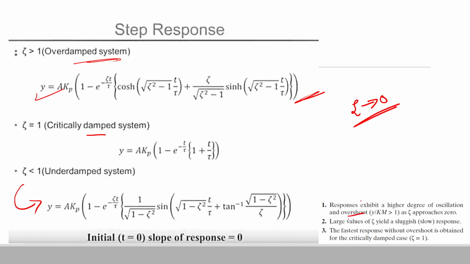Then larger values of zeta will yield a sluggish response, that is, there will be a delay, so the steady state value will be reached slowly if the value of zeta is higher. Then the fastest response without overshoot is obtained for the critically damped case, that is, for zeta equal to 1, the response will be the fastest.